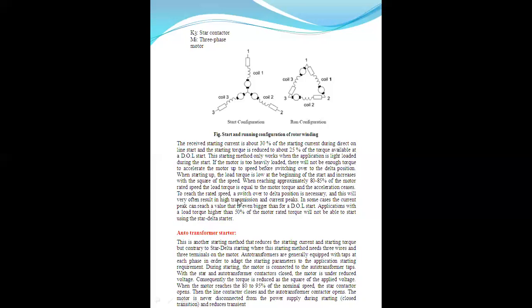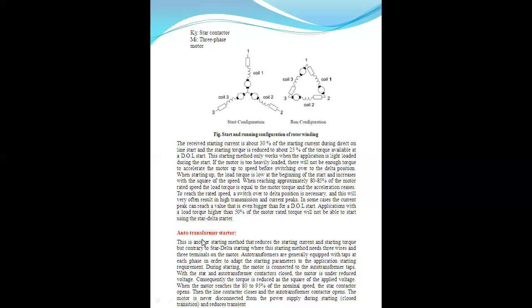To reach the rated speed, a switch over to delta position is necessary, and this will very often result in high transmission and current peaks. In some cases, the current peak can reach a value that is even bigger than for a direct online start. Applications with a load torque higher than 50% of the motor rated torque will not be able to start using a star delta starter.